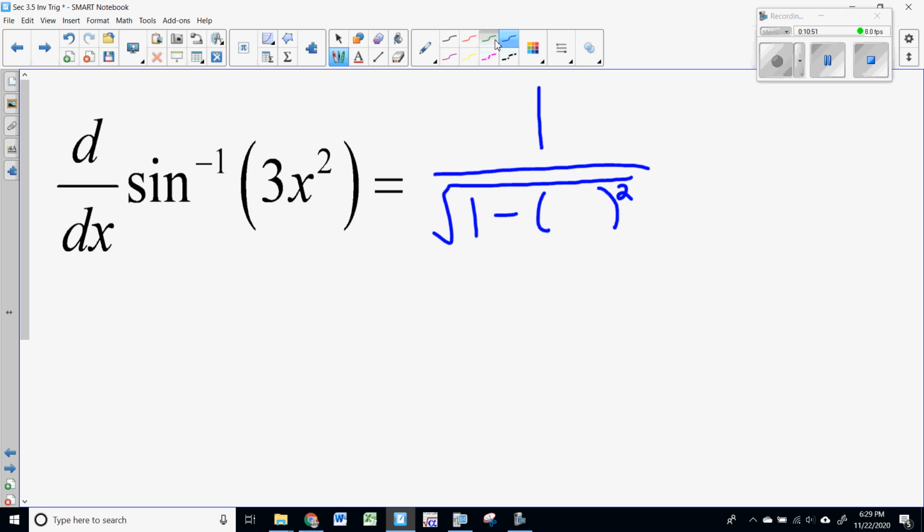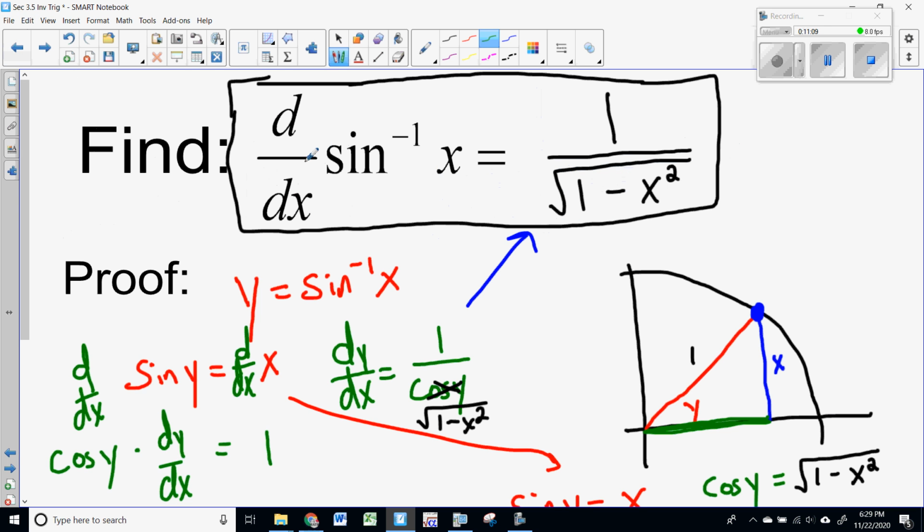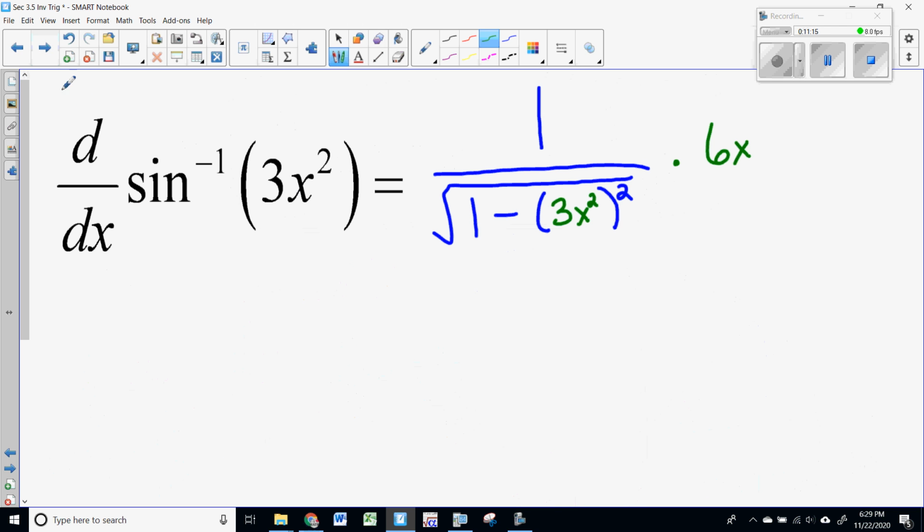But by the chain rule, it's the derivative of the outside with the inside staying the same, times the derivative of the inside, which is 6x. So it really is the same kind of chain rule stuff we've been doing. We now just have a new formula for inverse sine, but we deal with the chain rule the same way, just this new formula.